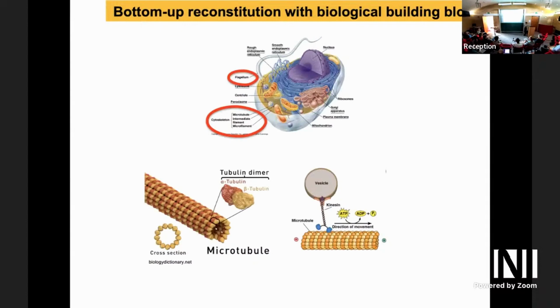Here I show only the kinesin, but in this talk you will also see that I will use the other family of motor proteins, the dynein family. And I don't think that in this audience I need to explain what microtubules and kinesin are. The thing is that these two components were assembled by following a bottom-up method, and then we could analyze their interactions in vitro.